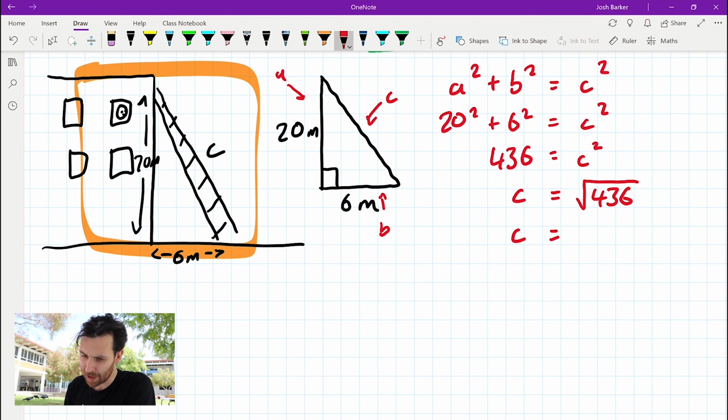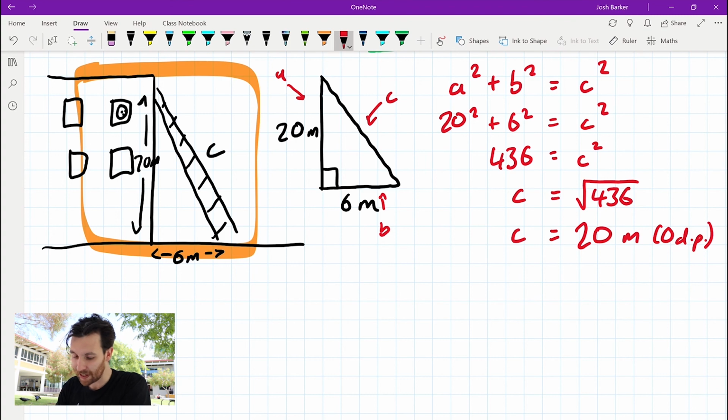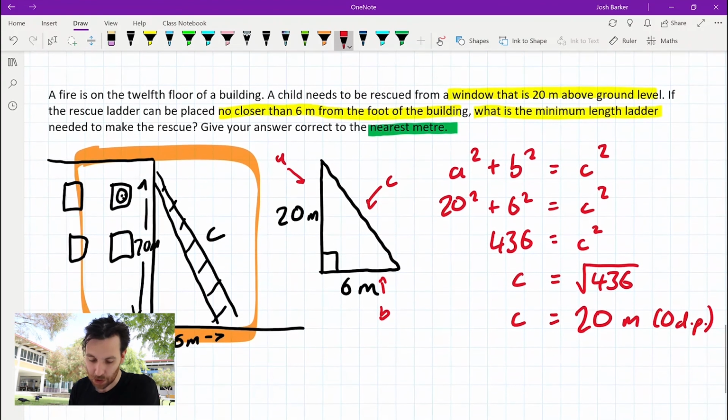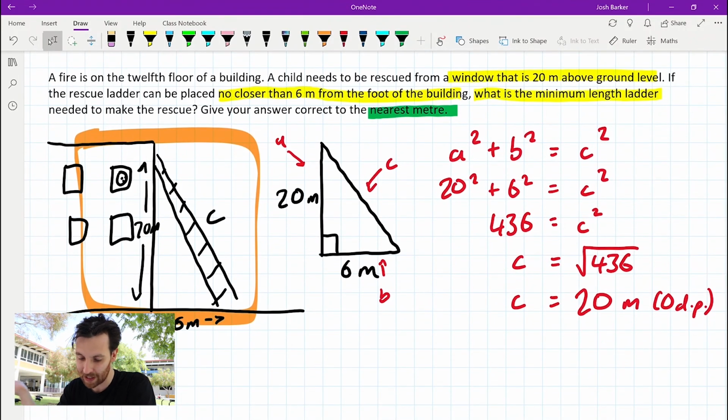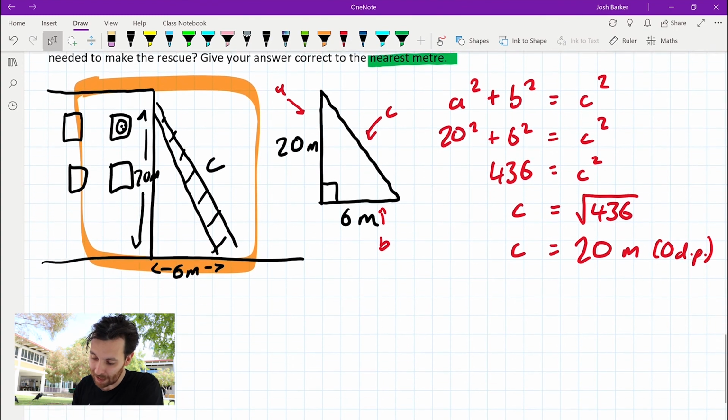Now from memory, this becomes something like 20.8 something, which when you round it to 0 decimal places should give you 20 meters. Now, as another tip, worded questions usually require a worded answer. So I'm just going to reread the question to make sure I'm answering it in the correct way. So it's the minimum length of ladder needed to make the rescue.